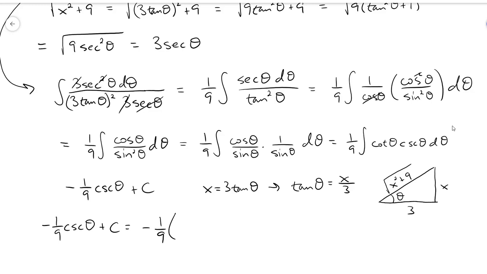And the cosecant again is defined to be the hypotenuse, square root of x squared plus 9, over the opposite side, which is just x. And so final answer here: negative square root of x squared plus 9 over 9x, plus c.